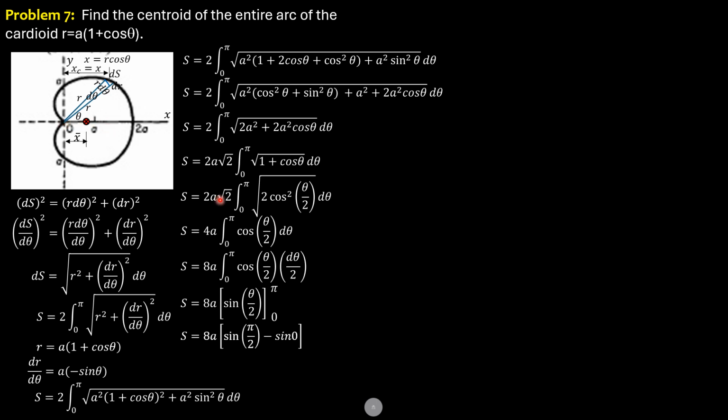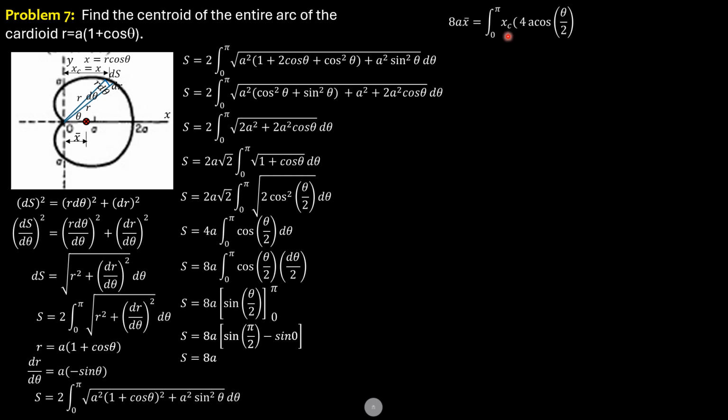From the principle that the first moment of a mass, 8a times barred x, equals the integral of x sub c, which is r cosine theta, times differential s. So we use this differential s here, which is already simplified. So s is 8a.